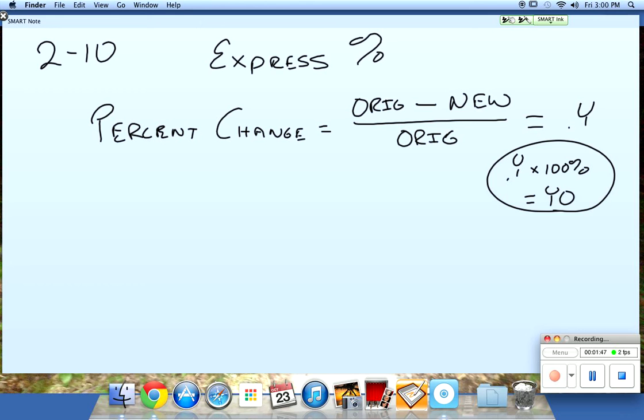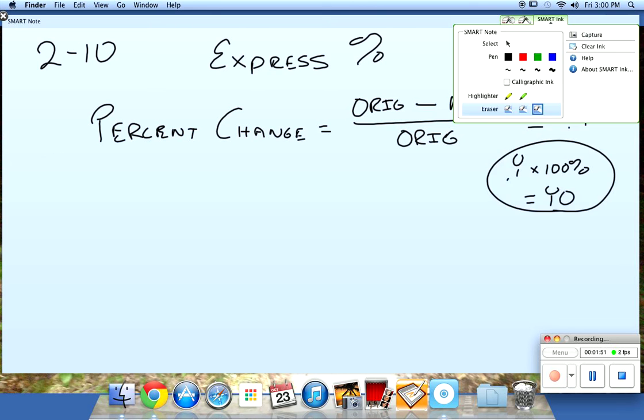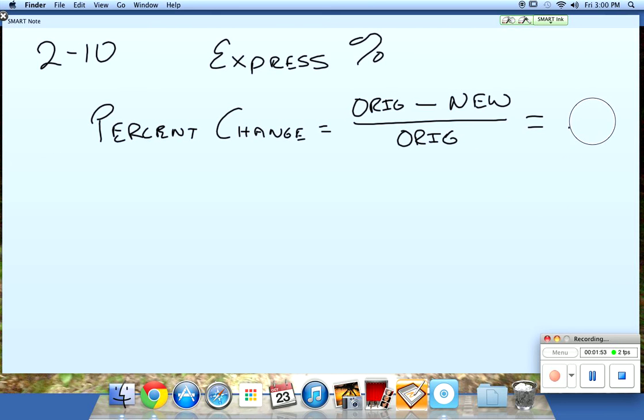But this is going to give us a decimal. We can make it a percentage by just multiplying it by 100%.